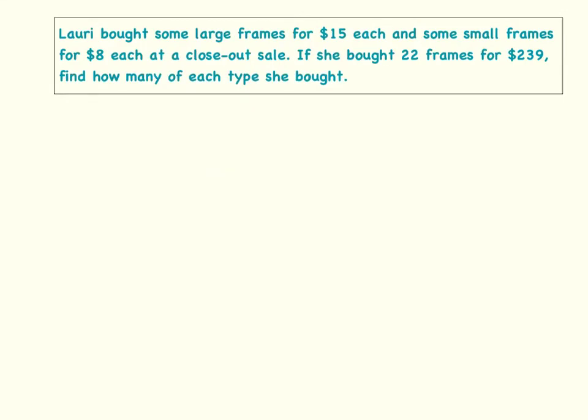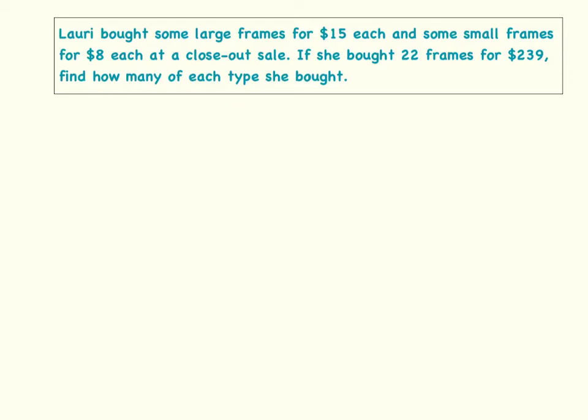Lori bought some large frames for $15 each and some small frames for $8 each at a closeout sale. If she bought 22 frames for $239, find how many of each type she bought. Now to identify my variables for this word problem, I go towards the end of the word problem and it says find how many of each type that she bought.